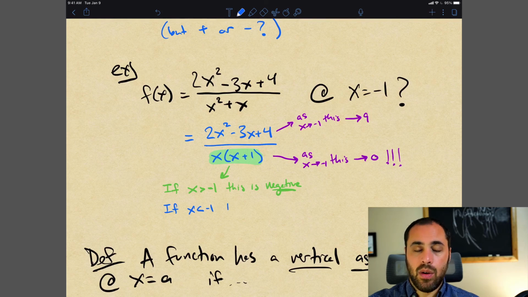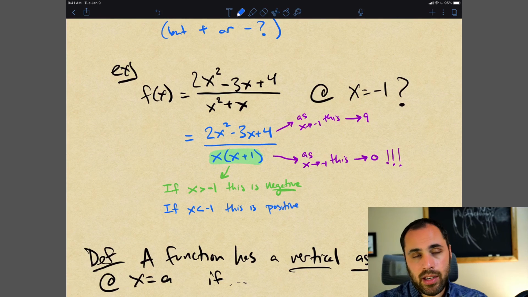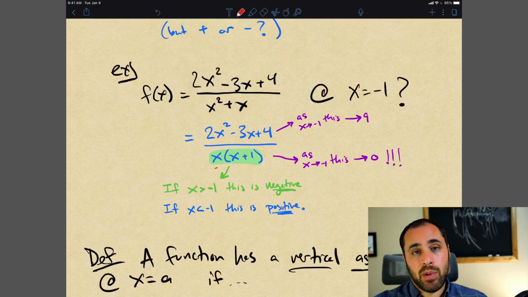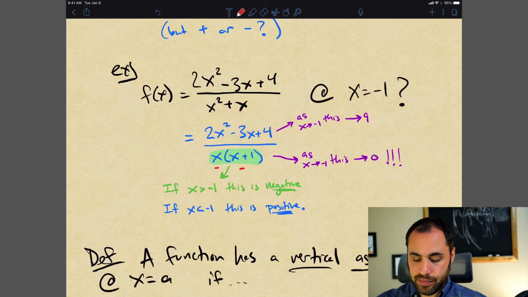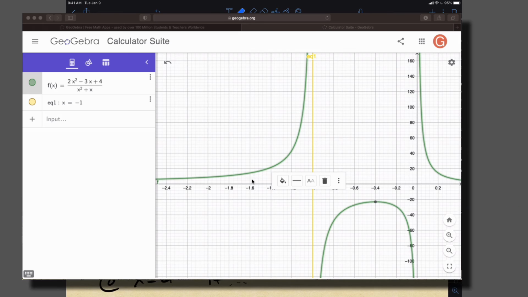And if x is less than -1, then certainly x is negative. And as x approaches -1, x plus 1 is still negative. It's getting closer to 0, but still negative. So maybe let's take a look and see this pan out in GeoGebra. So here, one last time, is this function f of x.